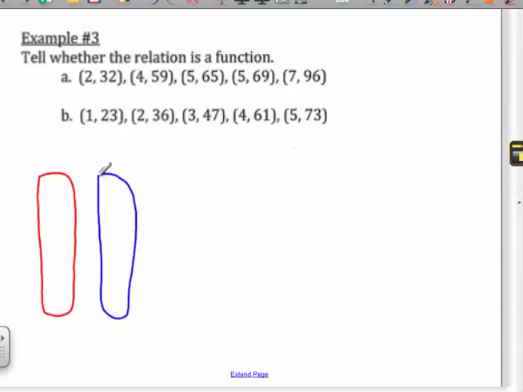I've got 2, 4, 5, 5, and 7. And then in the outputs, I've got 32, 59, 65, 69, 96. And I'm going to draw my arrows.